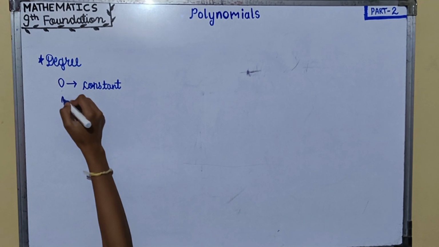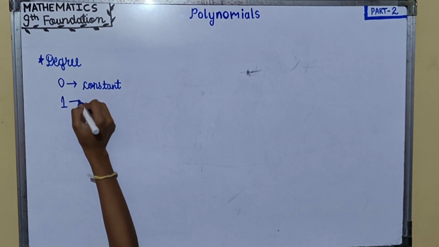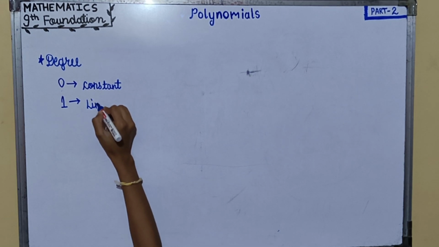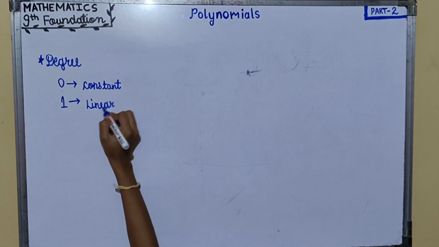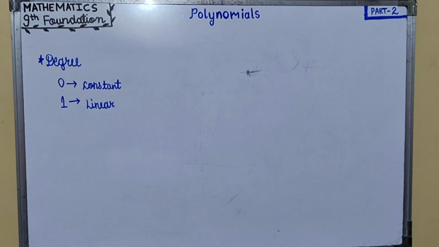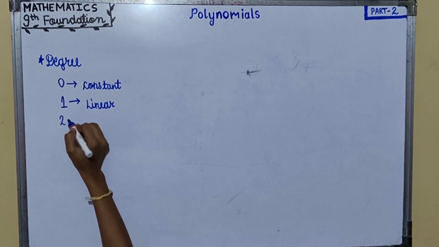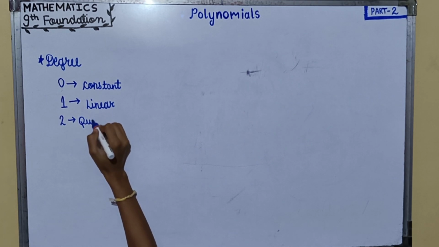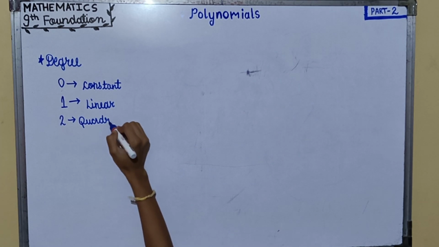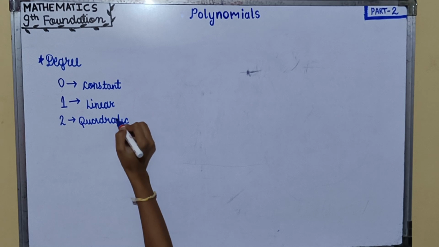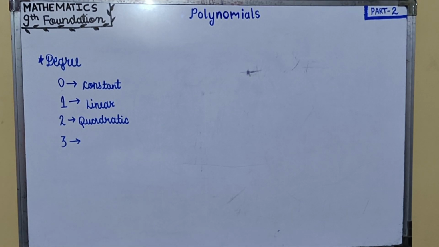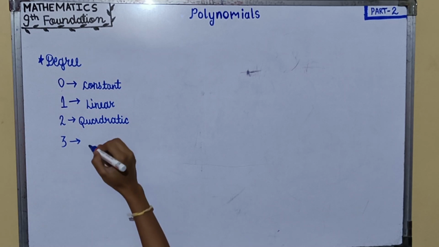If the degree of the polynomial is 1, then it is the linear polynomial. If the degree of the polynomial is 2, then it is called quadratic polynomial. If the degree of polynomial is 3, then it is called cubic polynomial.